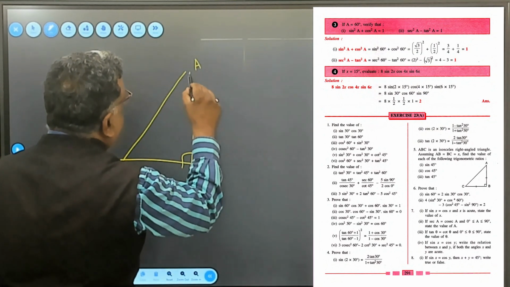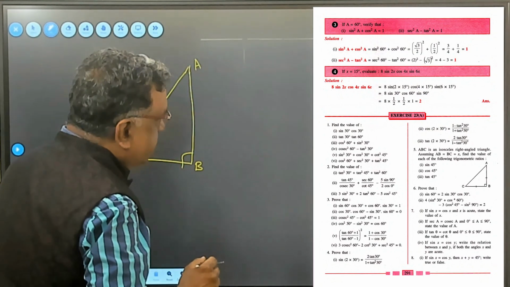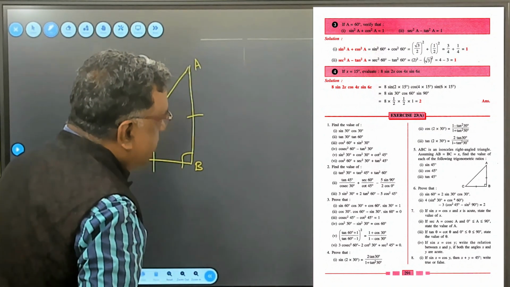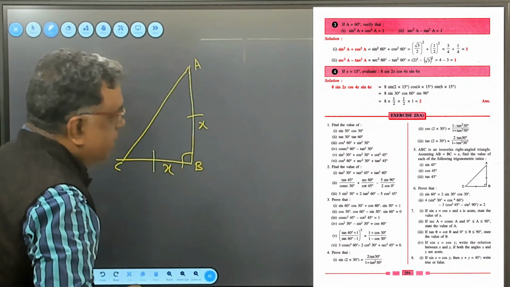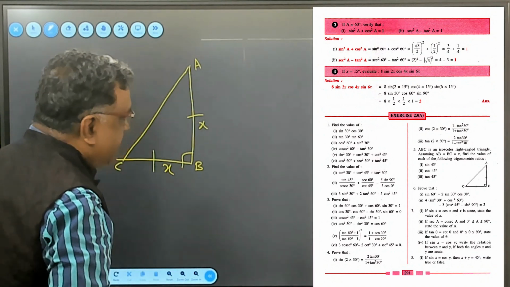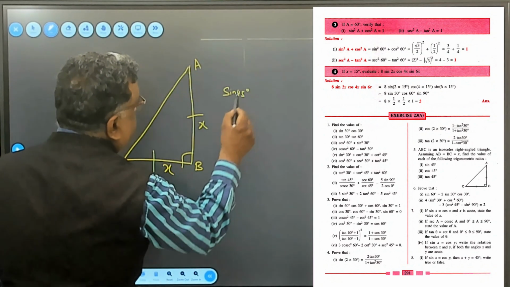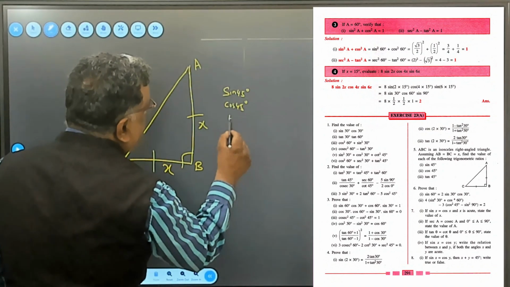This is A, this is B and this is C. These two sides are equal. Let us say they've given it as X. You have to find out the value of sine 45 degrees, cos 45 degrees and tan 45 degrees.